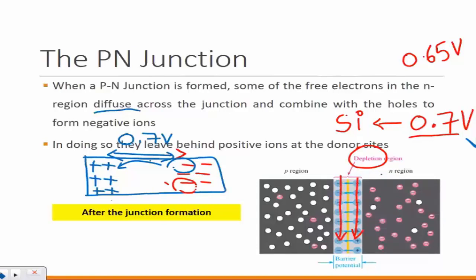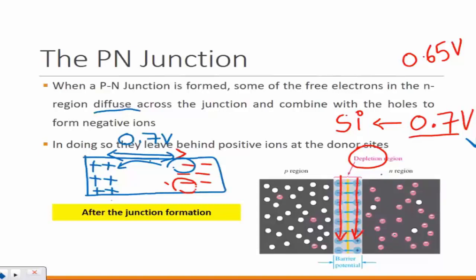So if the barrier region can grow, can it also shrink? Possibly, yes. How does it shrink? We will talk about that in the diode forward bias. There is a topic for it. It may shrink a little bit, not to an extent where it goes to zero. If you had 10 volts applied to it, wouldn't that make the whole thing neutral?